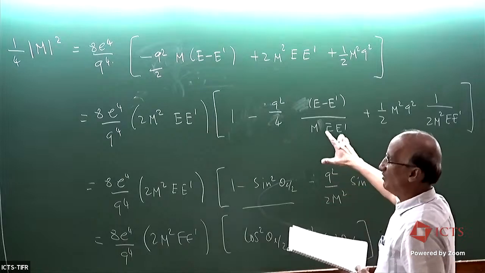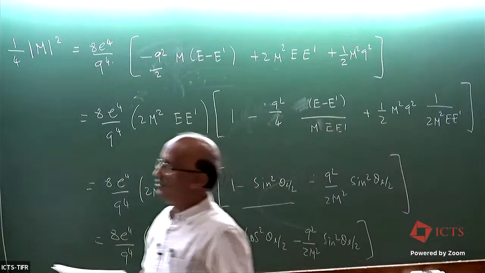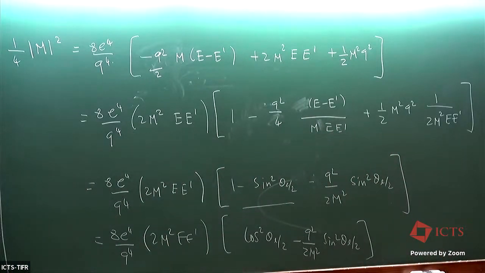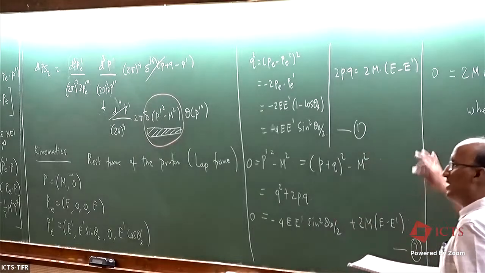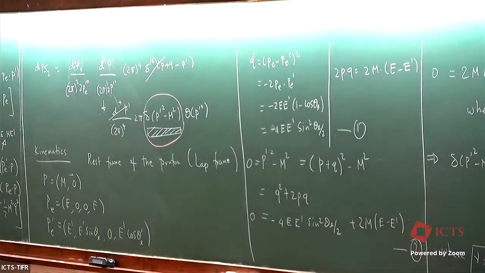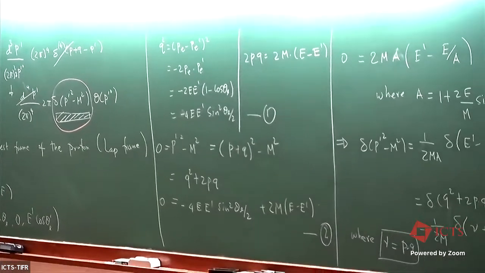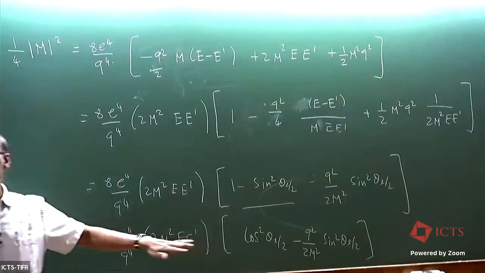It's very straightforward. I've just used these two identities, identity number 1, identity number 2. These are the only two identities I used to arrive at that. Everything is expressed in terms of this angular integration. Any questions so far?